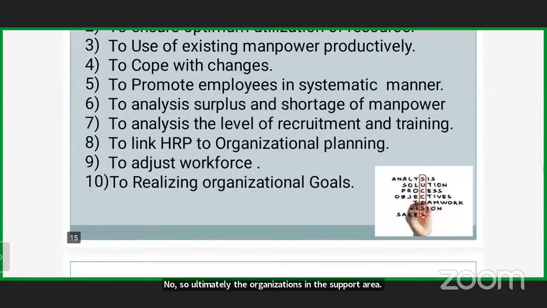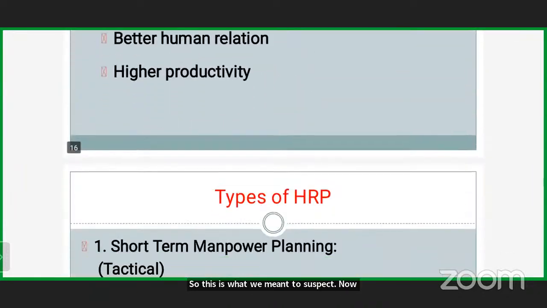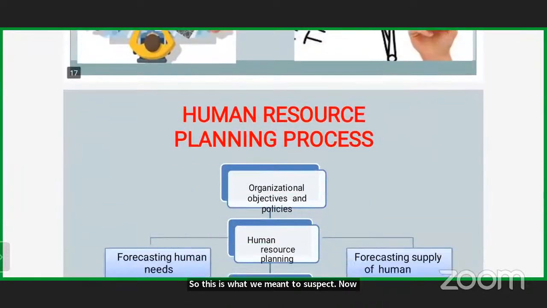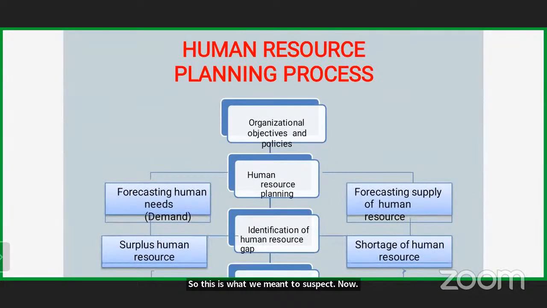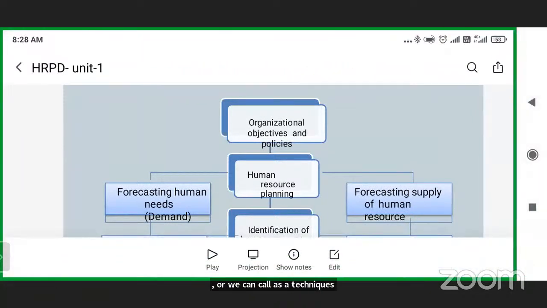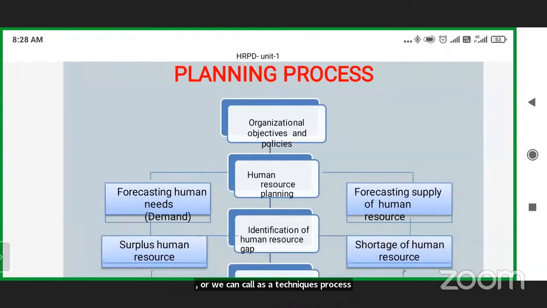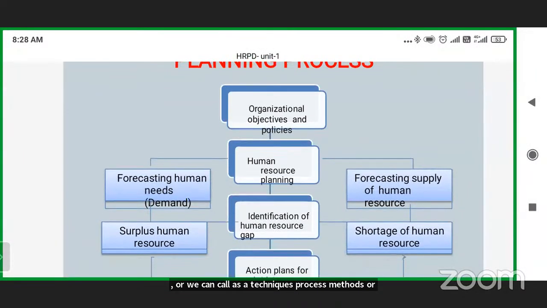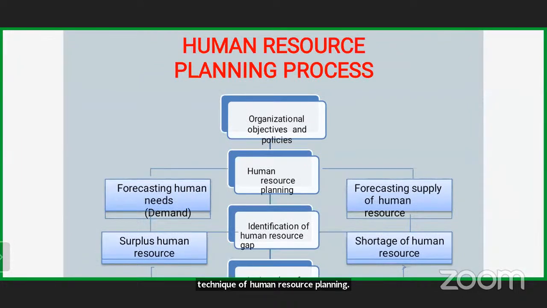Now, the process of human resource planning. Process, methods, or we can call them techniques. Process, methods, or technique of human resource planning. What does it relate to? See, process, method, and technique are all the same.